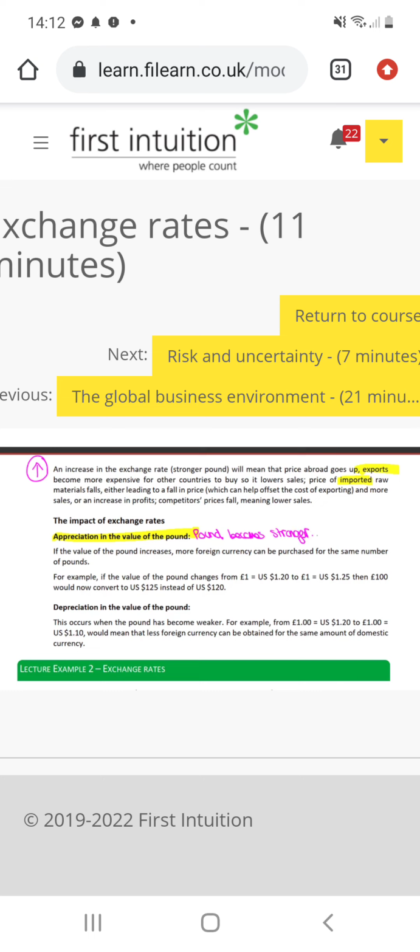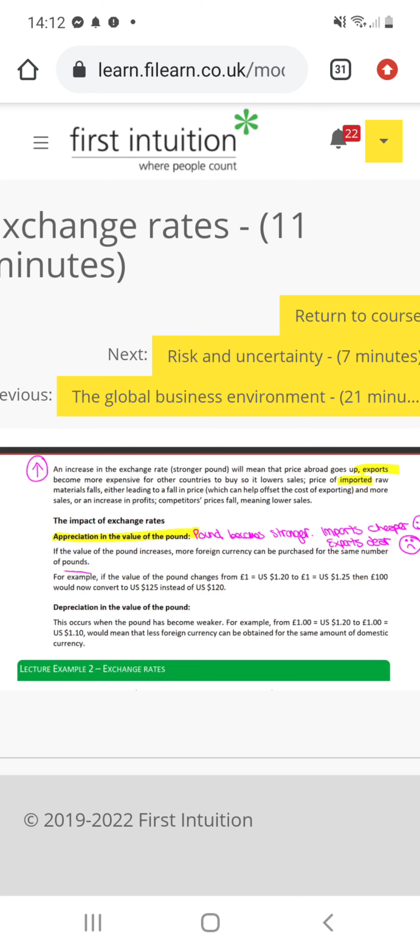Let's summarise here for future reference. Imports become cheaper. Happy days. Exports become dearer. If the value of the pound increases, more foreign currency can be purchased for the same number of pounds.